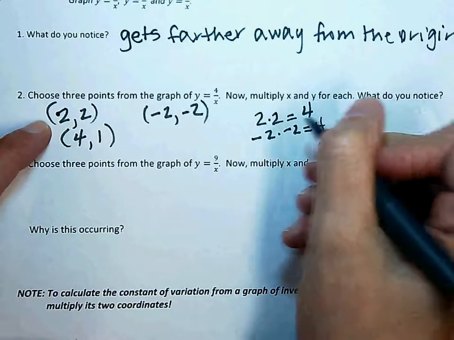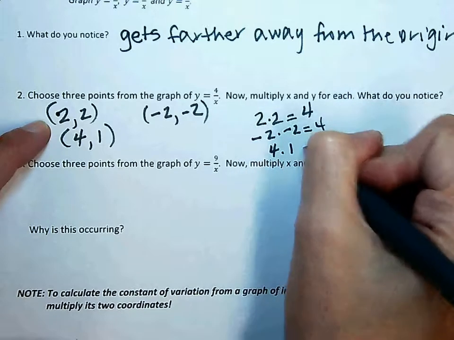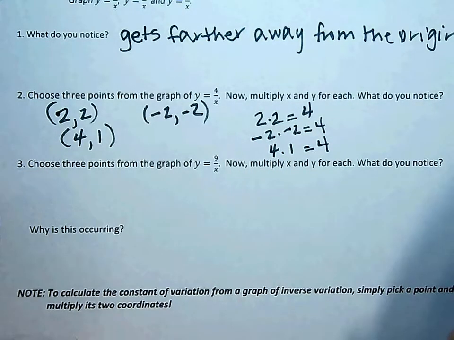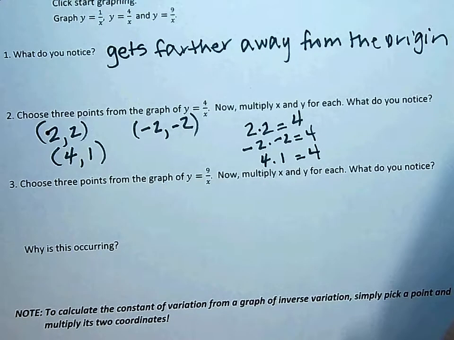Right? Why is this the case? Because the constant of variation. Jordan, say it again. Listen. Because the constant of variation is 4. What do we get when we multiply x times y?